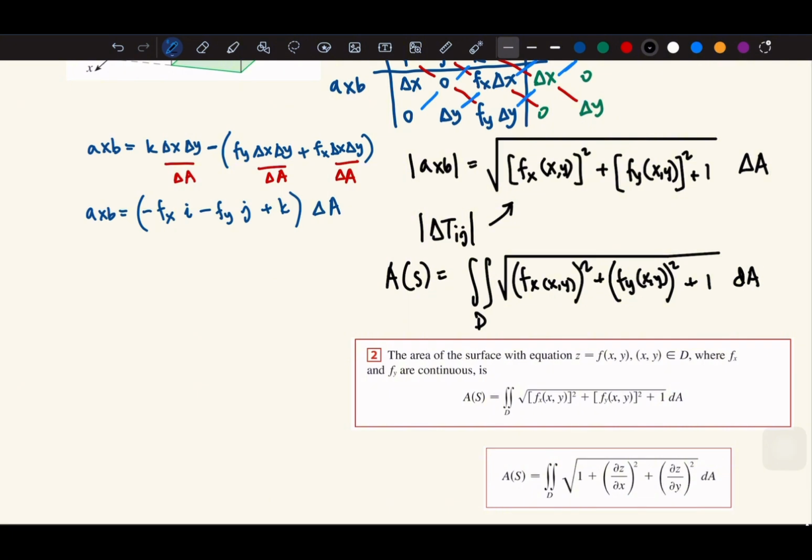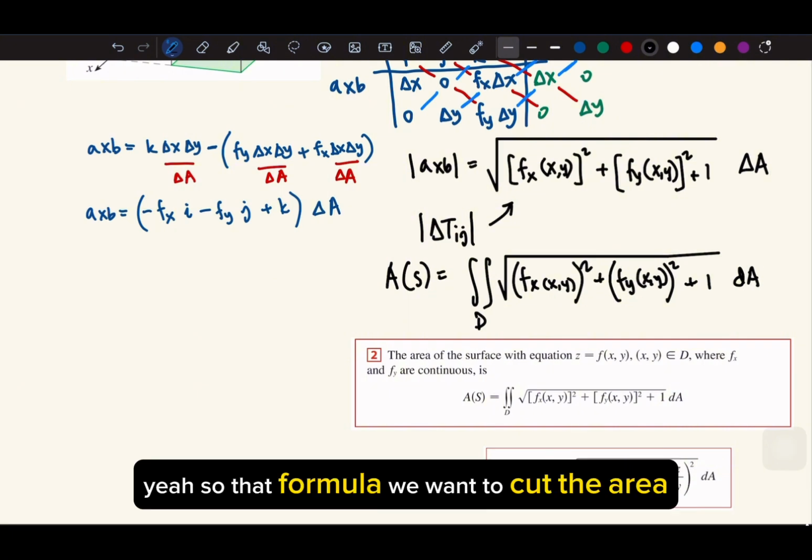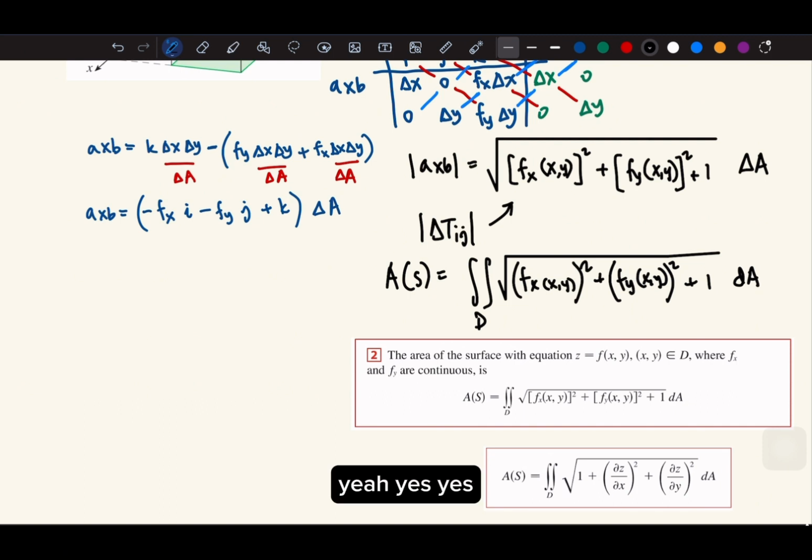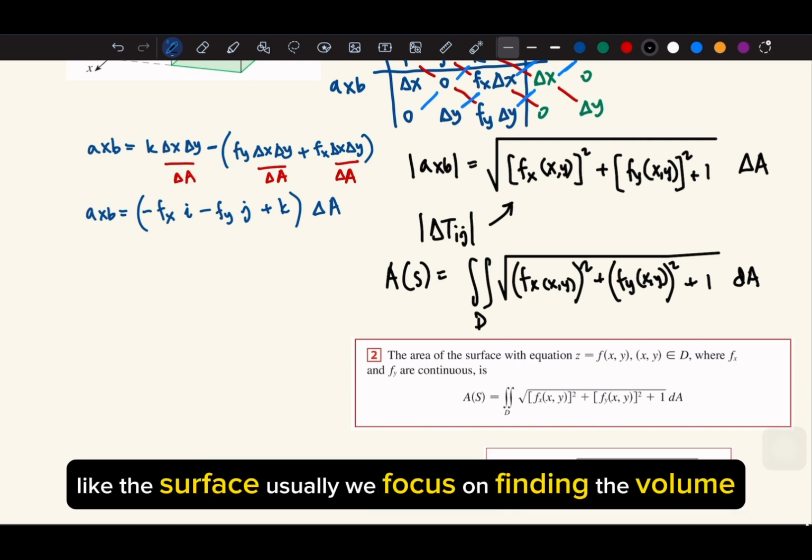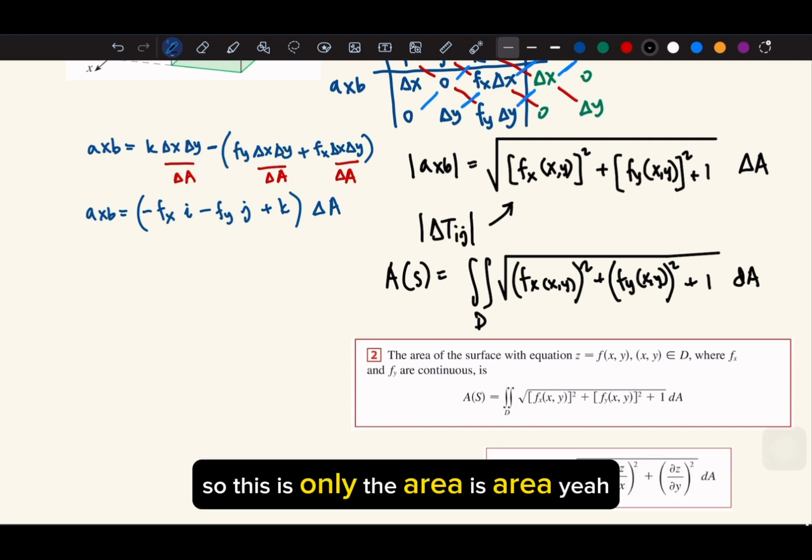Professor, so that formula calculates the area above, like the surface. Usually we focus on finding the volume, right? So this is only the area.